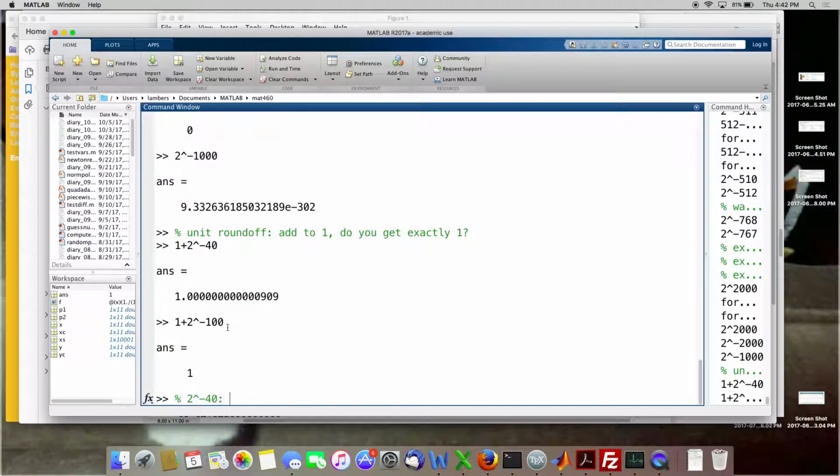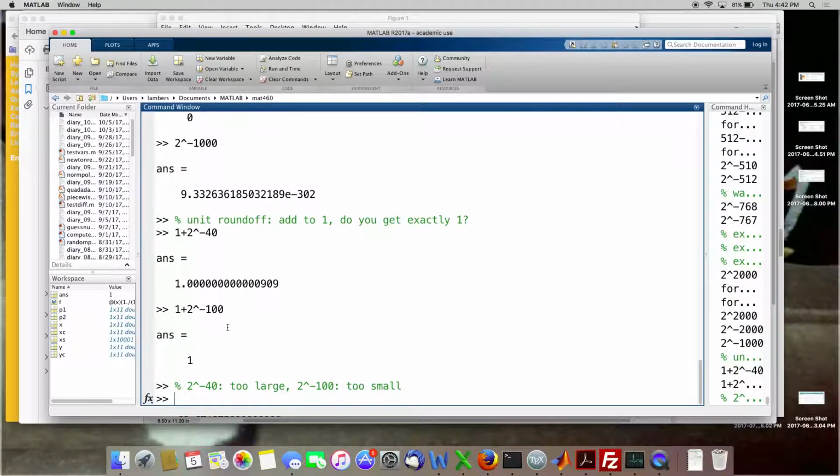It's like a Goldilocks problem. Too large, too small, just right. So the chart gives you an idea of what is just right. It's going to be in that ballpark. I just chose some extreme examples here, just to illustrate the kind of things you could expect to see for both the exponent and machine precision.